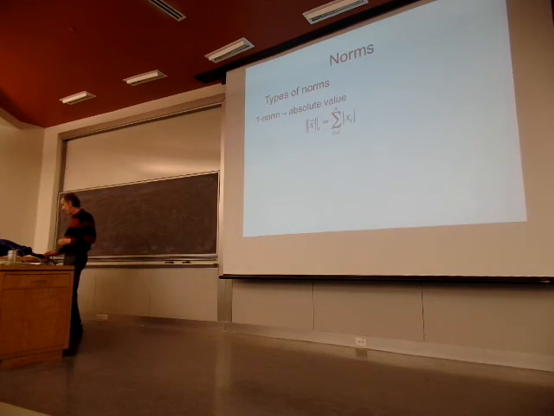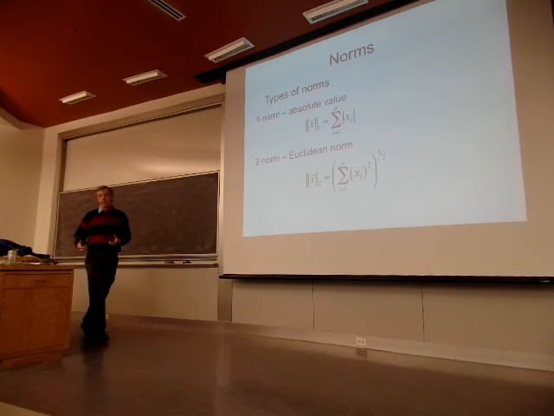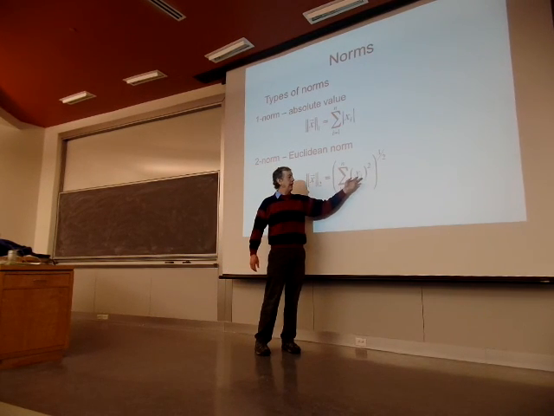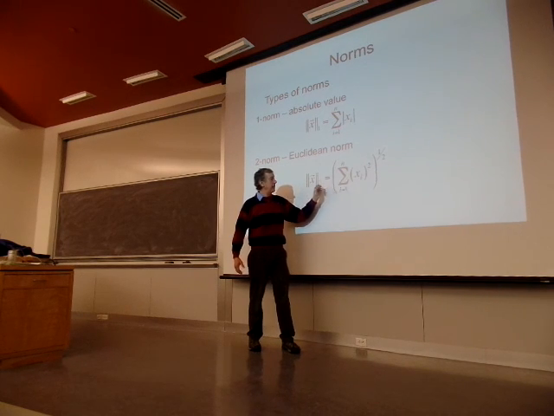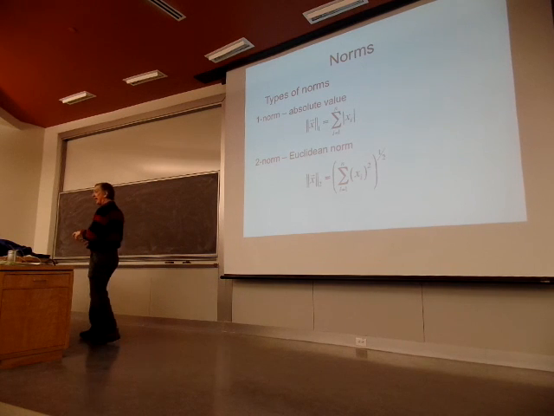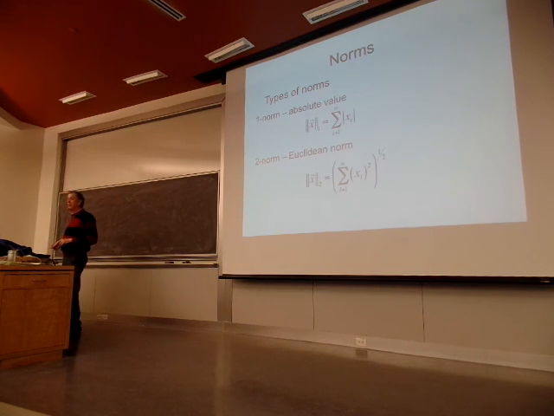Add them all up. Right? It's called a one norm. The two norm is what you probably are typically used to, the Euclidean norm. Take every coefficient of my vector x, square it, add them up, and you take the square root of them. Now, that's the Pythagorean theorem length of a vector type of thing.